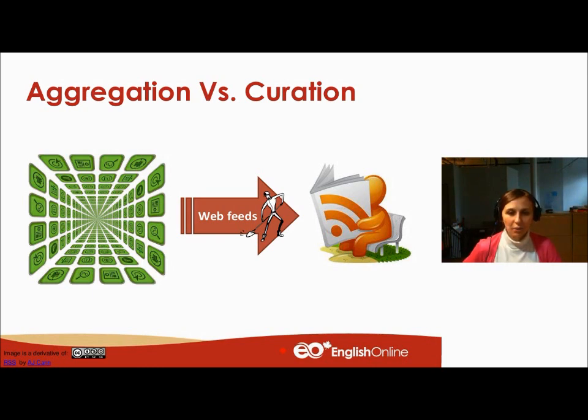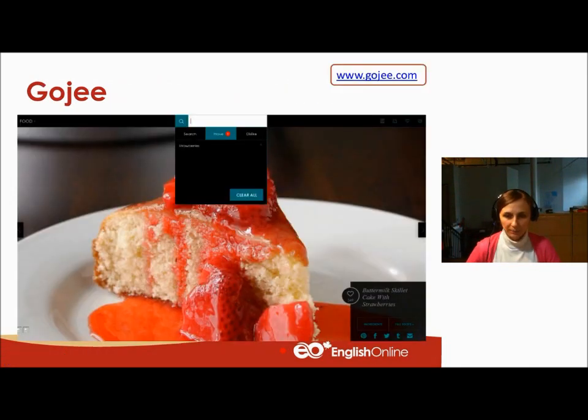I want to show you two more websites that technically do the same thing as aggregators, but their materials are human selected. The first one is called Goji. What they do, they curate hand-selected recipes from food and drink writers in the world.